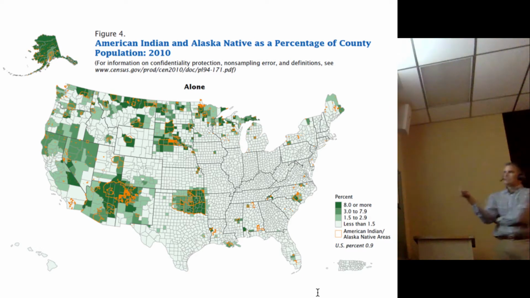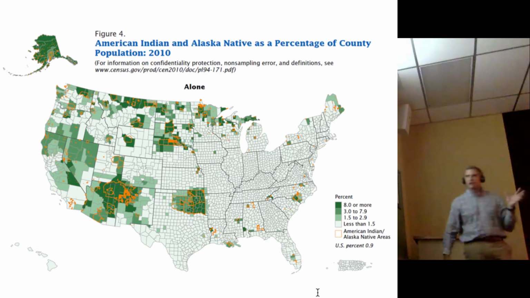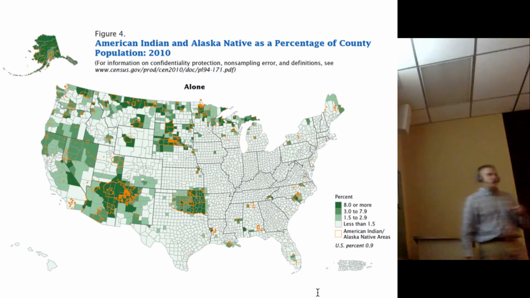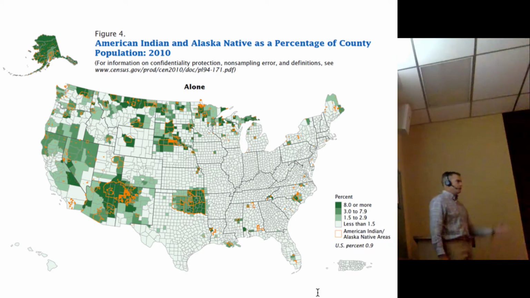Right? So let's call that guy at Walmart the man on the street, the man at the Walmart parking lot. If you were to ask him, where do most American Indian people live in the United States? He may say, well, in the western part of the United States. And you say, be more specific. What might they say? On the reservation.